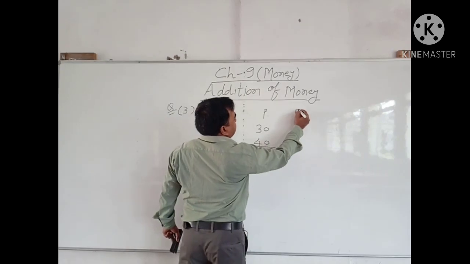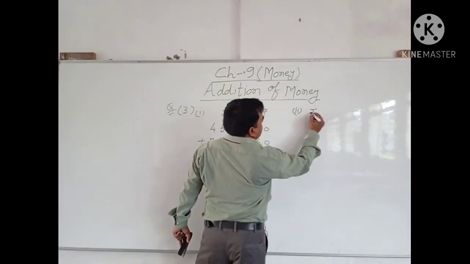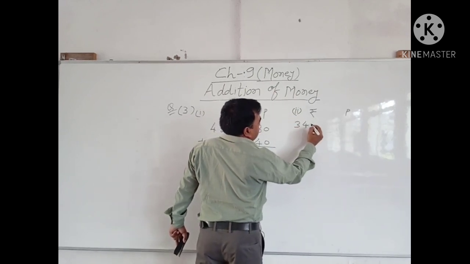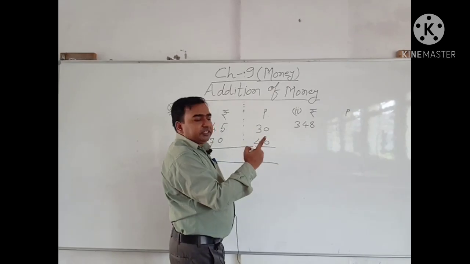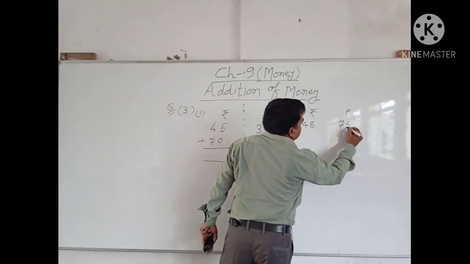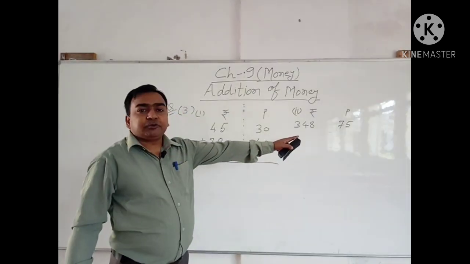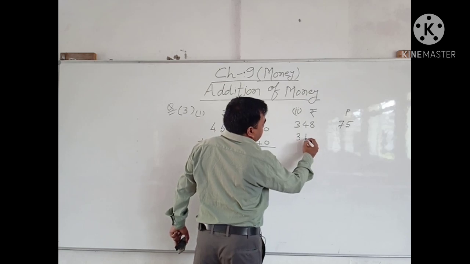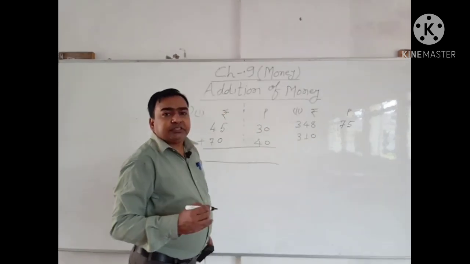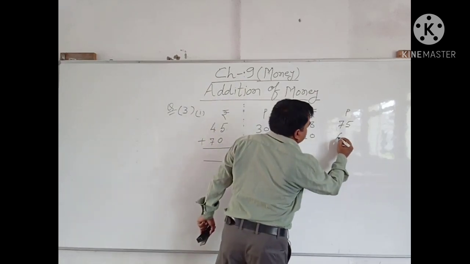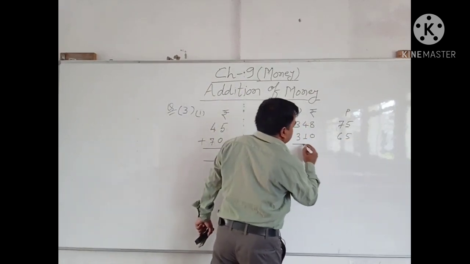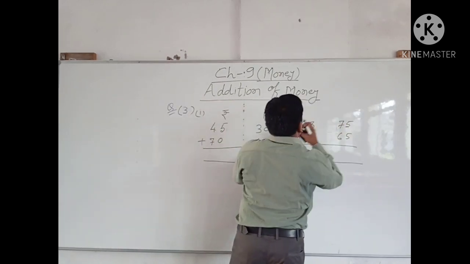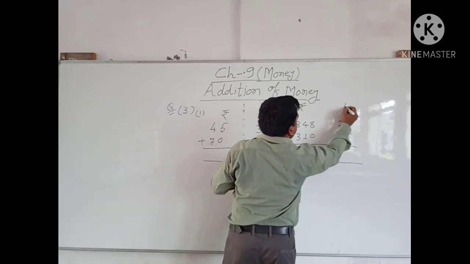Okay. Question number 2. Rupees, paise. 348 rupees 75 paise and 310 rupees 65 paise.